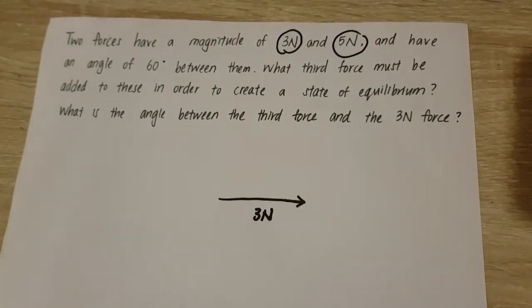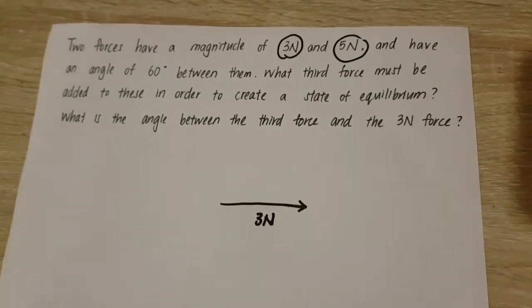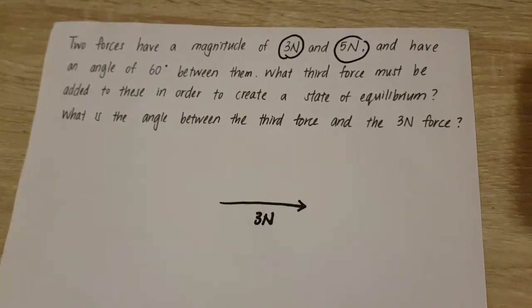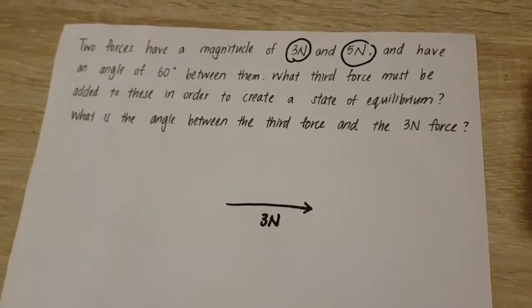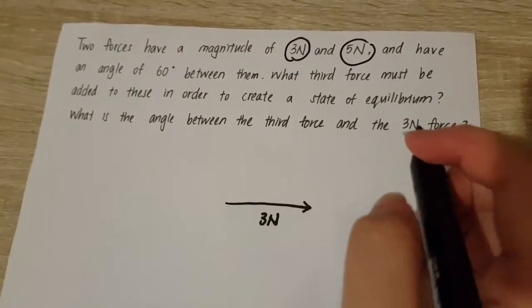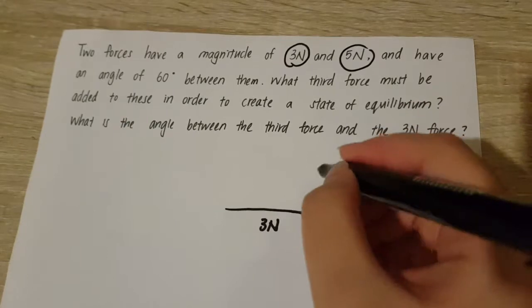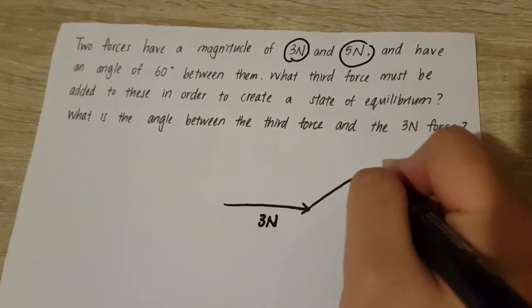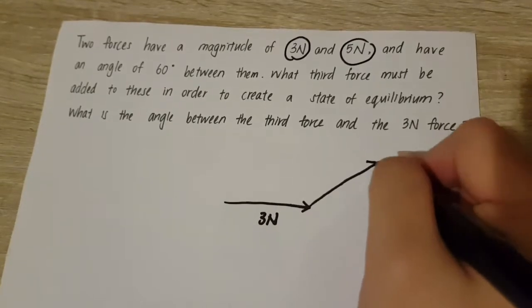And we have another force, which is 5 Newton, which makes an angle of 60 degrees along the horizontal, and we will draw this 5 Newton from the head of the 3 Newton arrow.